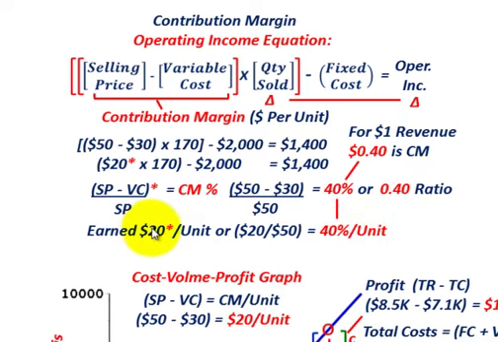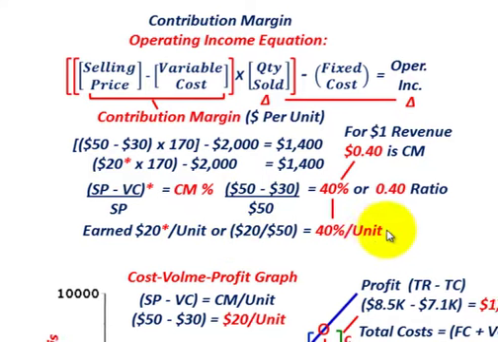Now, when I say earn $20, that isn't all profit. You've got to cover your fixed costs and also your variable costs until you get to the point where you're making some profit.